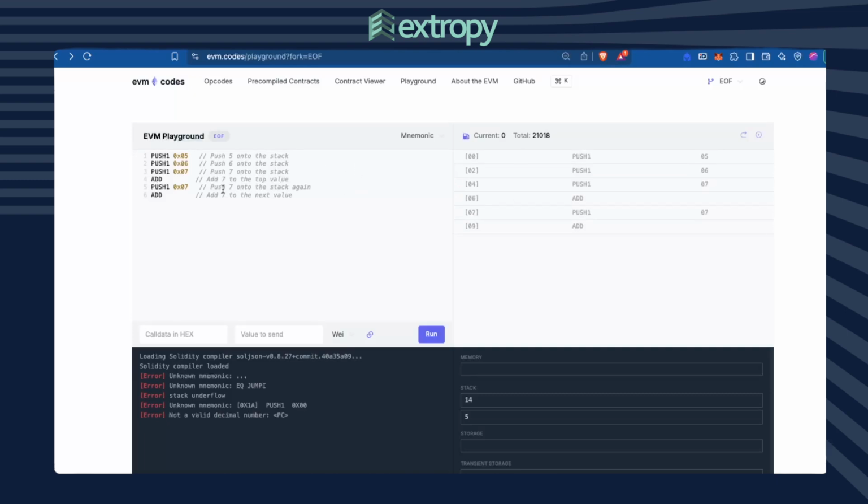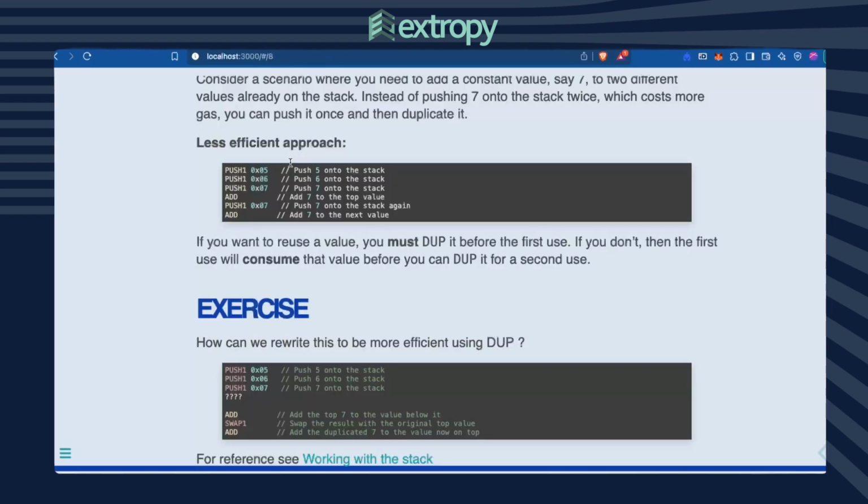But I think when you're doing it, you can push the 7. You need to do a dupe, because when you do the add, that's going to take the original items off the stack, so your 7 would disappear.